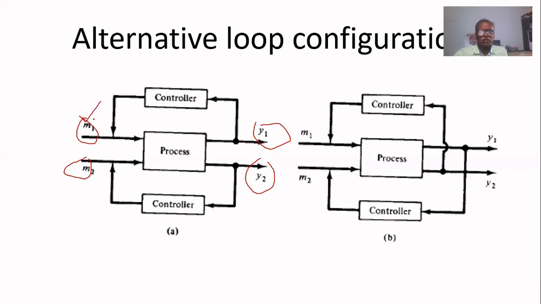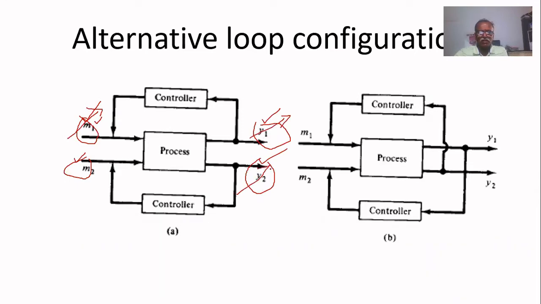Which manipulated variable has to be used to control Y1? Which manipulated variable has to control Y2? That we have to decide, because M1 can also be used to control Y1 as well as Y2, because if you change M1, both Y1 and Y2 change. That is called interaction. If one manipulated variable is adjusted, then both outputs are changing.